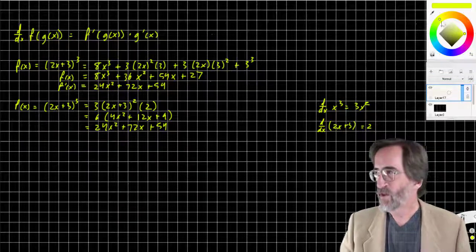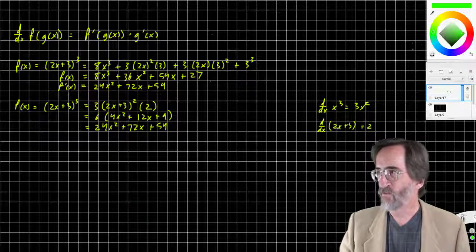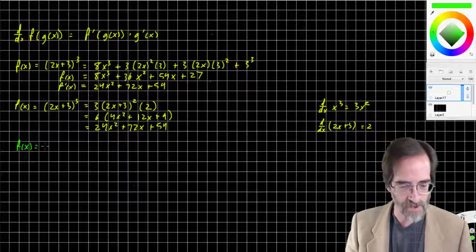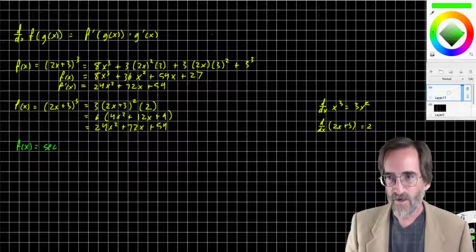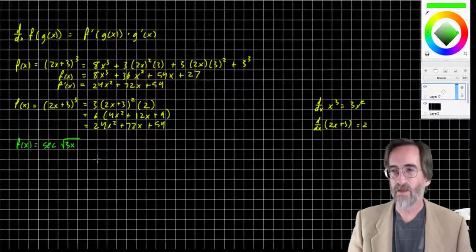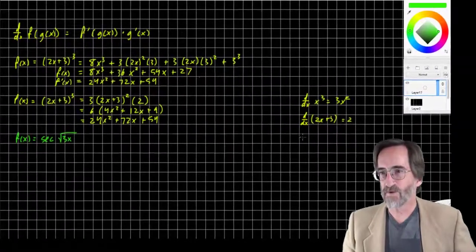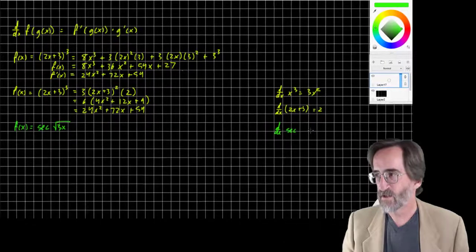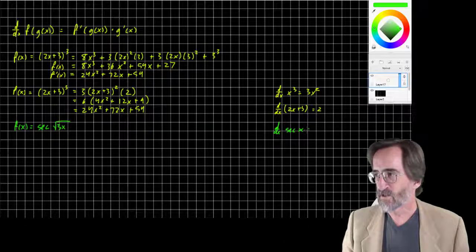Let's say we've got f of x equals secant of the square root of 3x. Okay? So let's take a look at some of the derivatives involved. The derivative with respect to x of secant x is secant x tangent x.